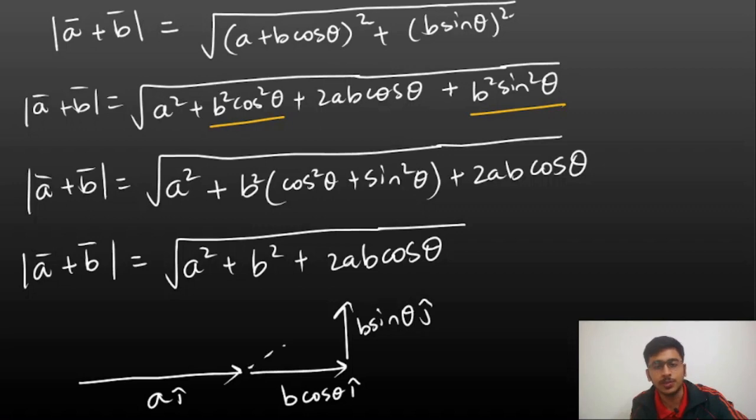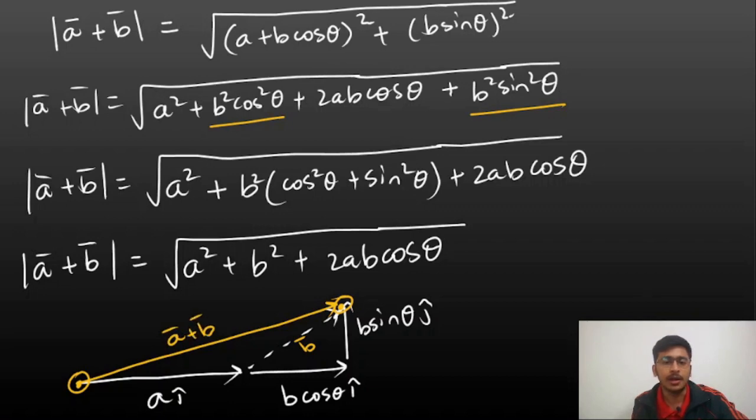So this dotted line is my b vector. But then the resultant of these two vectors is the initial point of a and the final point of b. This is a plus b.